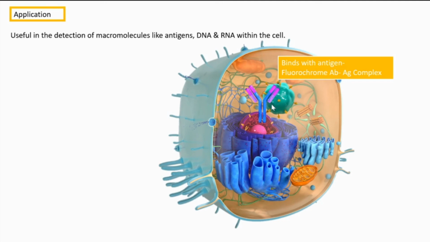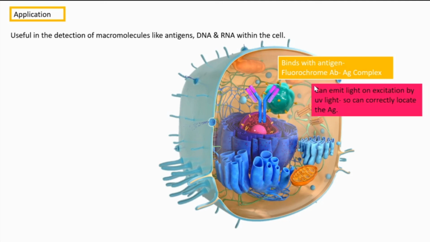So for that purpose we are using this fluorescently labeled antibody. As this fluorescently labeled antibody is injected into that cell, it very precisely goes and binds with that antigen and forms a fluorochrome antibody antigen complex, right?